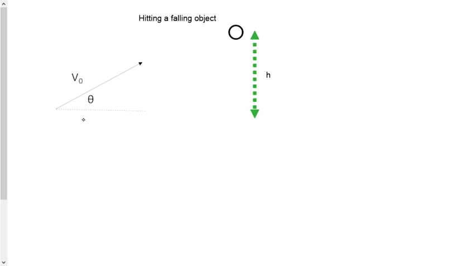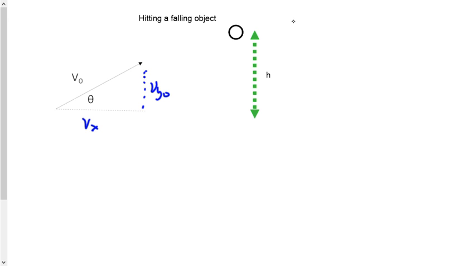Again, we know we've got velocity in the x direction here, and we have a beginning velocity in the y, v sub y is 0. And what we want to do is prove that it's possible that the height of the arrow and the distance it goes in the x direction matches the height of our object within the same time. And of course, also the x direction would be the same. So let's go ahead and start.